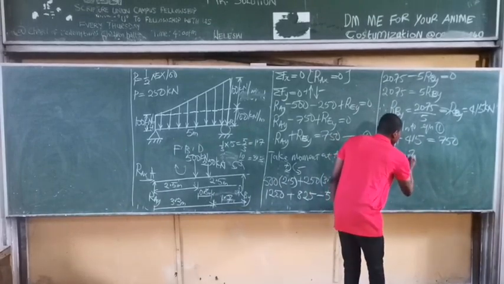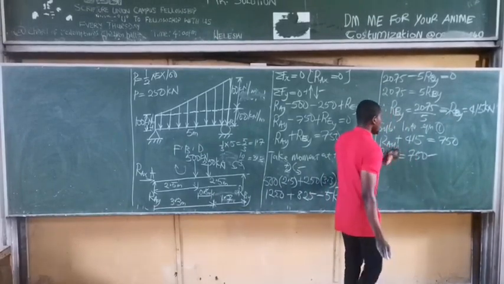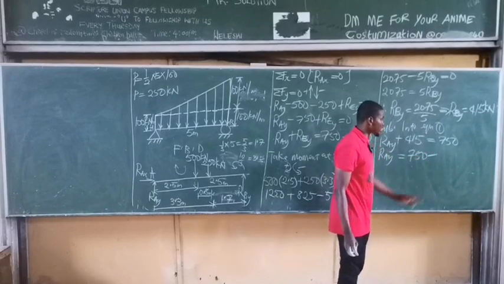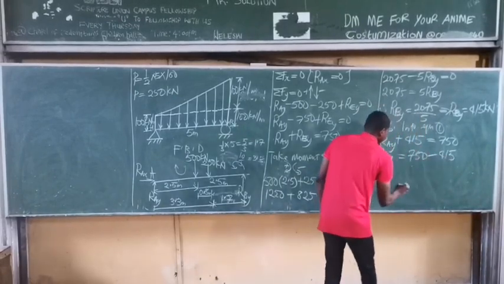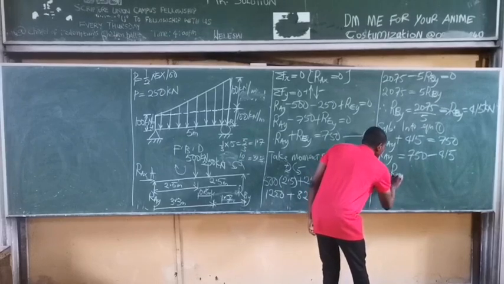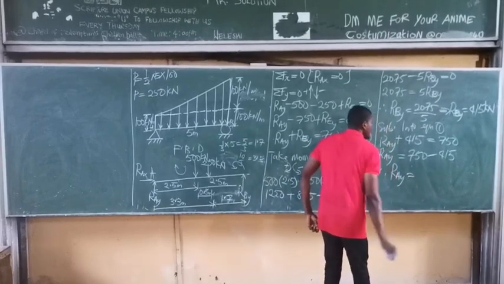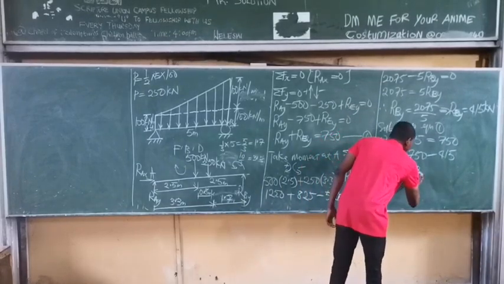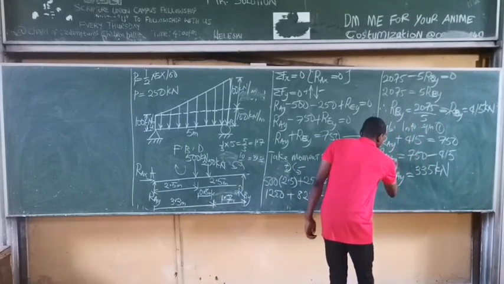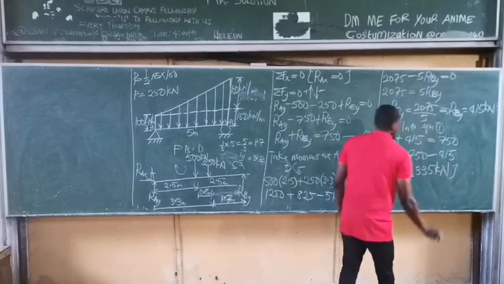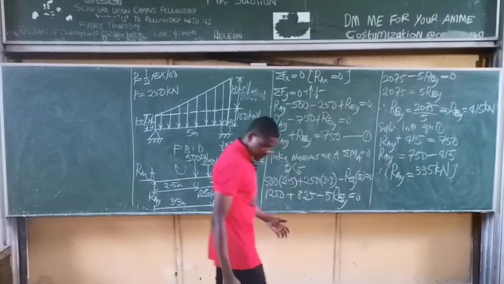So you simply have 750 minus, of course, positive sign crosses and equal sign becomes negative, minus 415, and therefore RAY is equal to 335 kilonewtons. So this becomes the reactions at point A and point B.